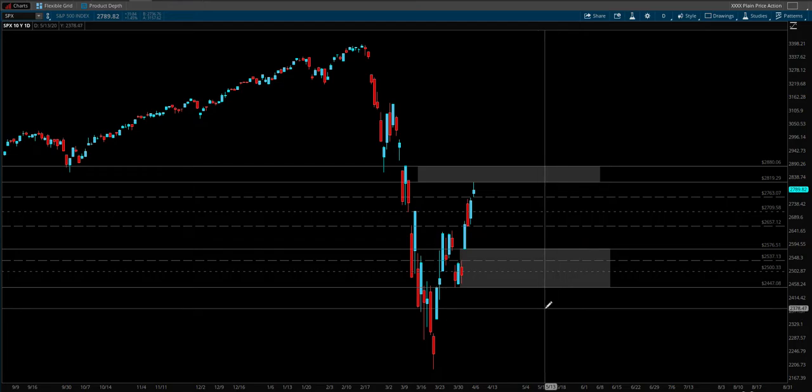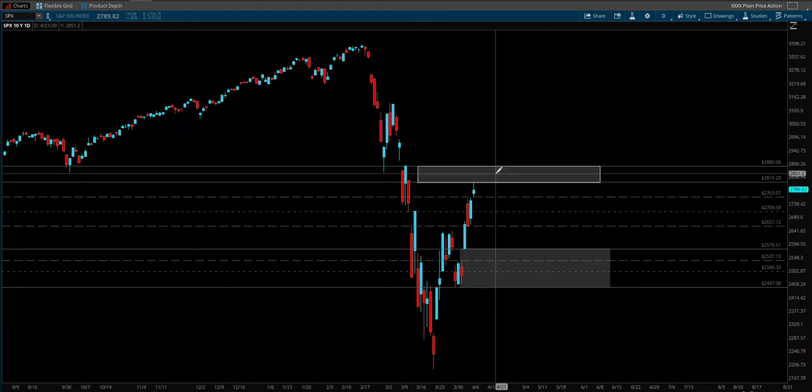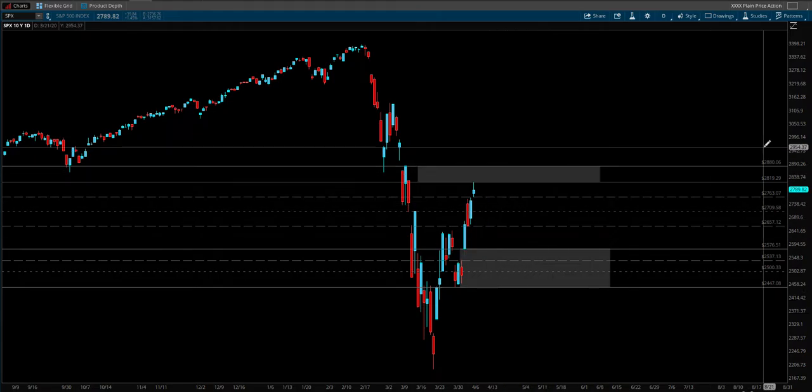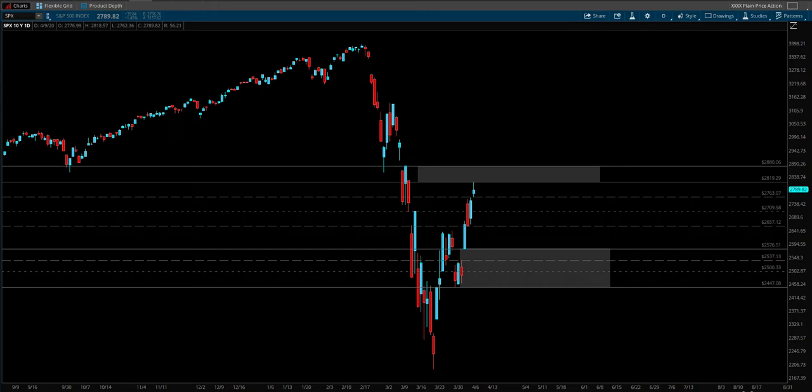Now, to aid in trying to figure out the probabilities of whether or not these support and resistance levels or zones are going to hold, we try to look at other things, right?